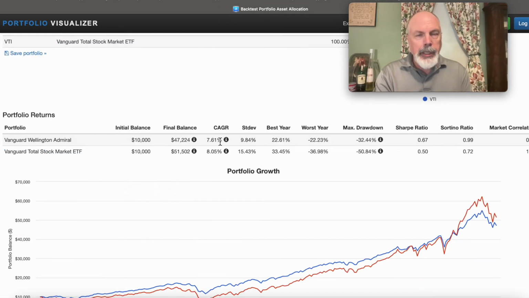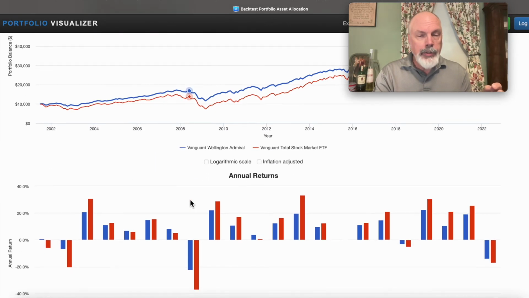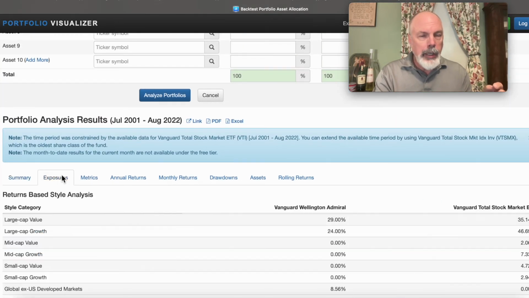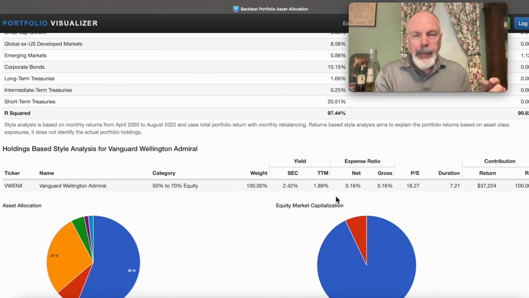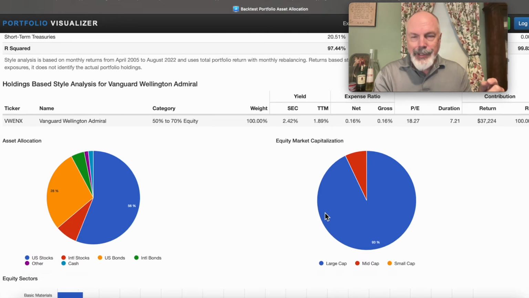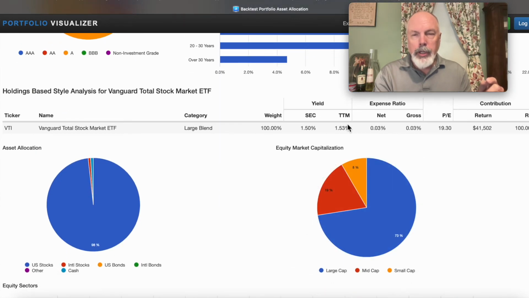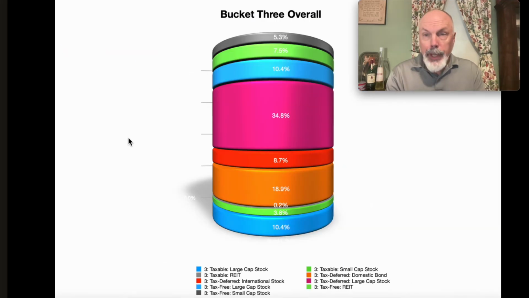And as you can see, CAGR is a little bit higher. There's no bond protection that Wellington has. The standard deviation is higher. But again, I then looked at this compared to what else is in my Bucket 3, which I'll get to in a minute. The more important thing was the exposure here, and look at the net expense ratio of 0.16 compared to 0.03.